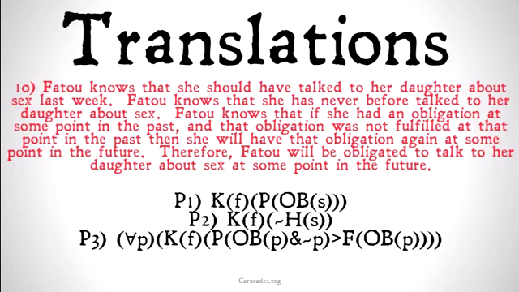Fatu knows that, once again, for all P, for all possible propositions, if at some point in the past she was obligated to do P, and it's not the case that she did P at that point in the past, then at some point in the future she'll be obligated to do P. It's very important, the scopes of each of these temporal quantifiers.